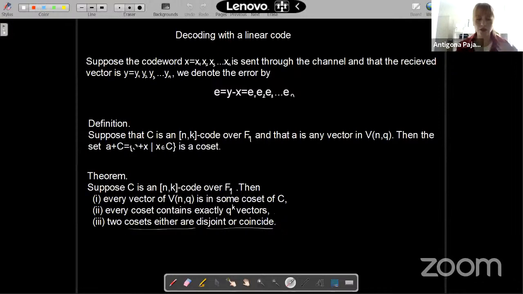I'm going to give a definition here before I explain one of the methods of decoding. Suppose that C is an (n, k) code over this finite field, and that a is any vector in this vector space. Then the set a plus C, the set of all a plus x, where x is a code word, is called a coset.